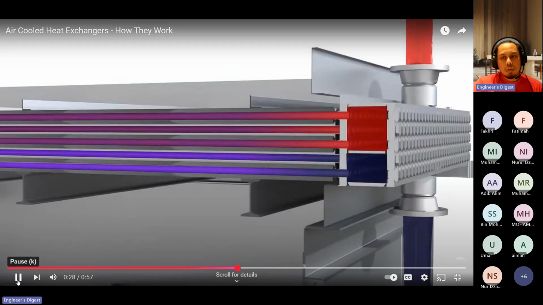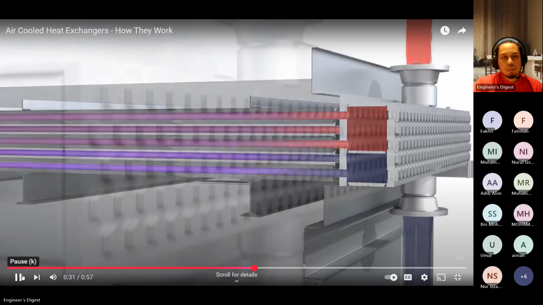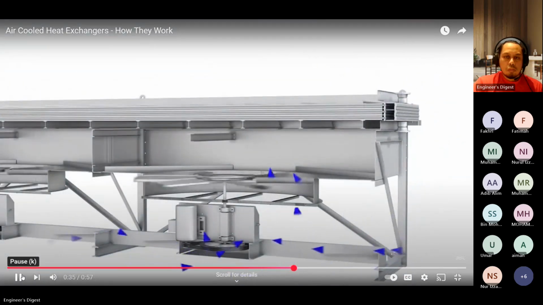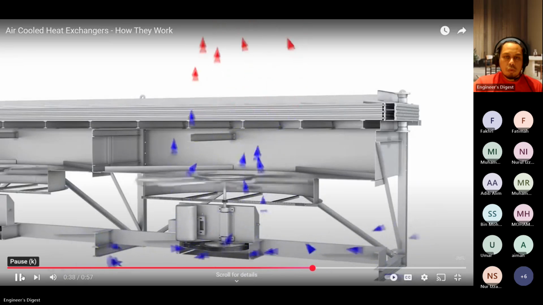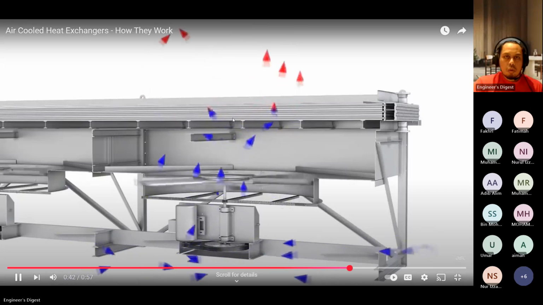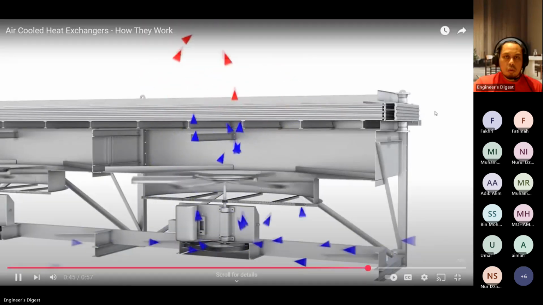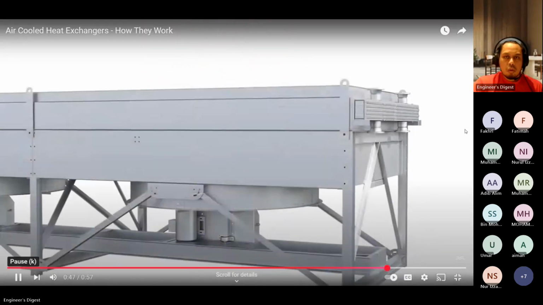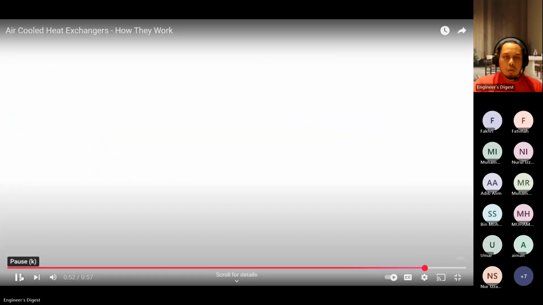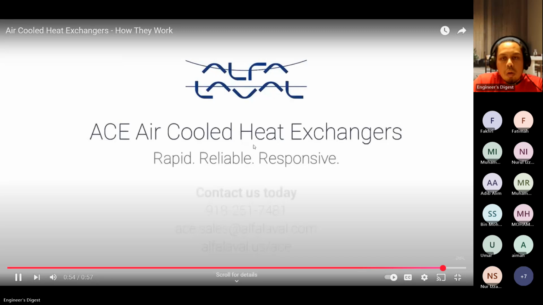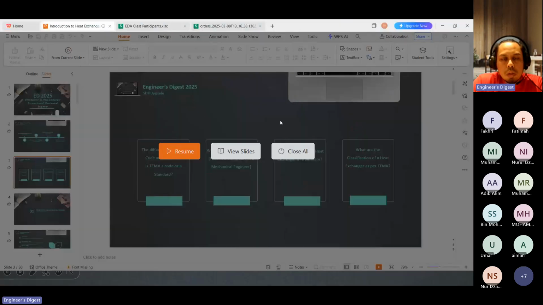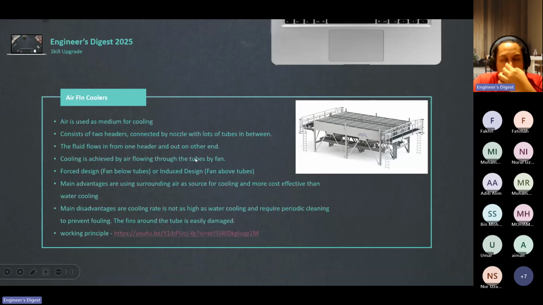Then it goes outside as cooler. Okay, so that is the working principle of an air cooler.